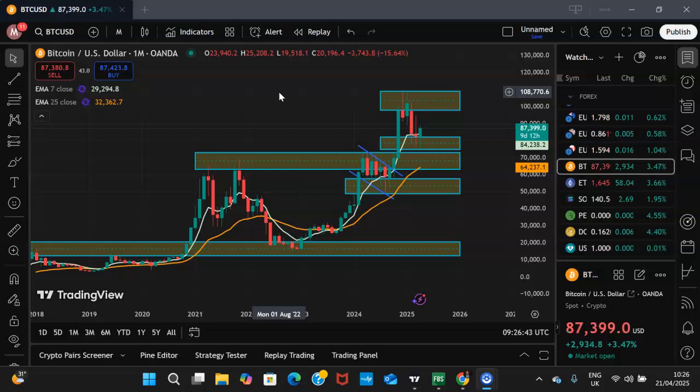Now, the concept of using all these time frames, from the monthly to the weekly to the 4 hours to the 1 hour, and then if you deem fit, you can go lower to figure out what the lower time frames are showing for precise entry.